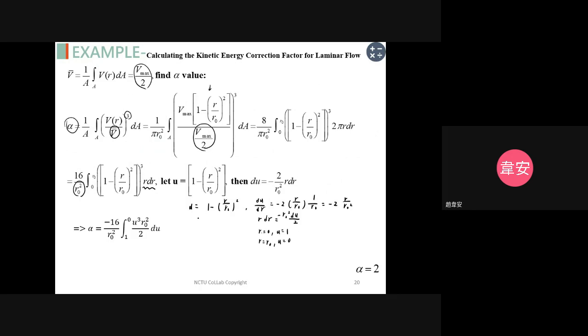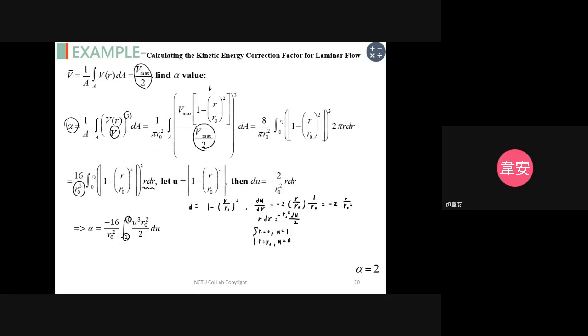So we can rewrite these items: we keep the 16 here and the R0 squared here, and the inside integration interval changes to 1 to 0 because of the condition here.